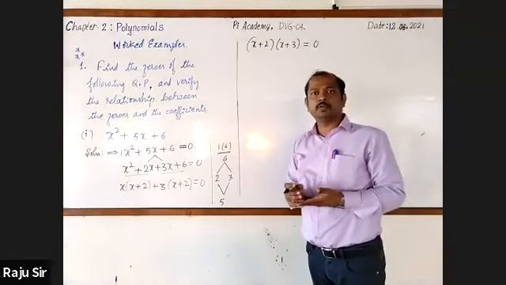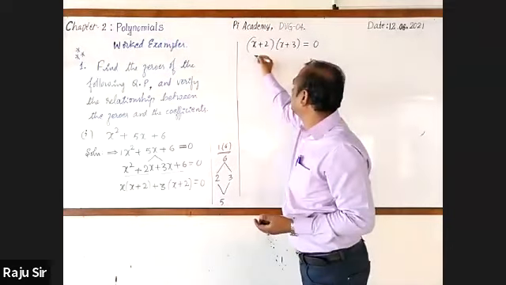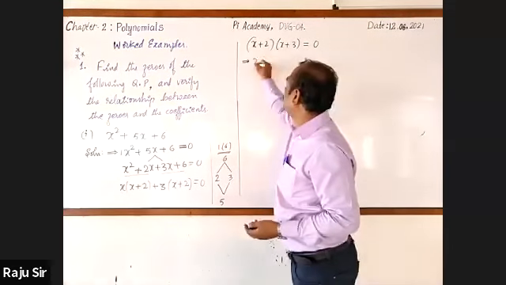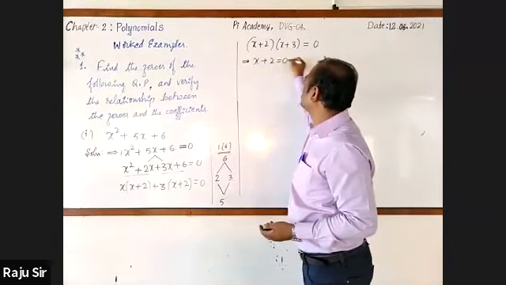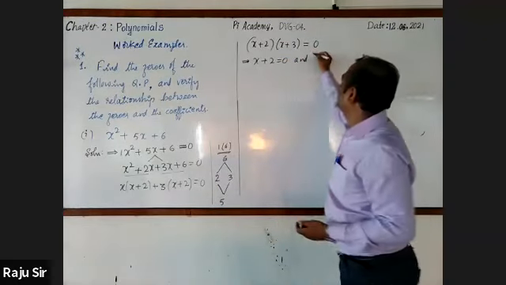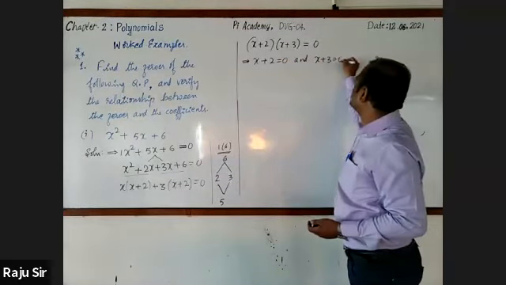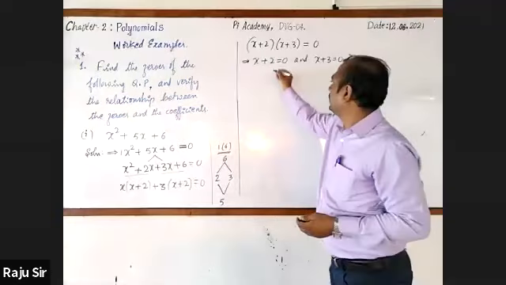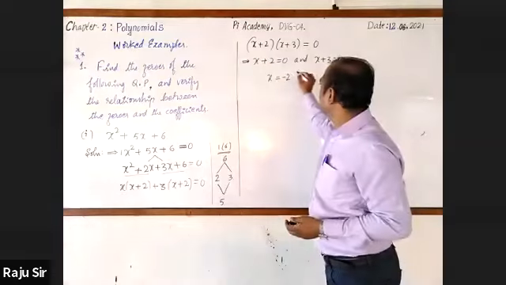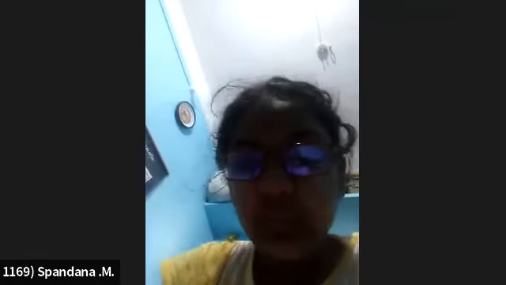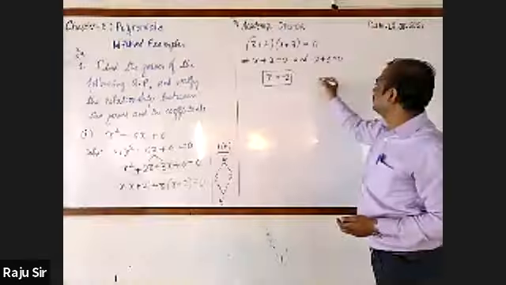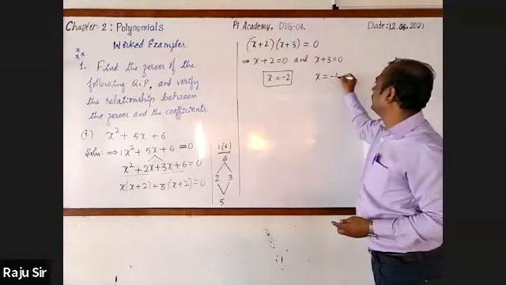As we are going to find the zeros, let us equate each of these to 0. x plus 2 equal to 0 and x plus 3 equal to 0. Then x is equal to, transposing 2 to the right hand side, you get -2, and here 3 to the right hand side, you get -3.